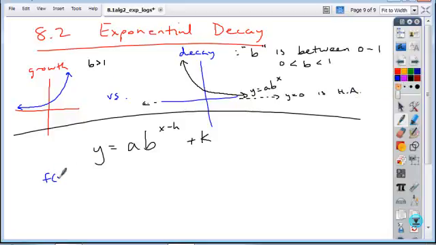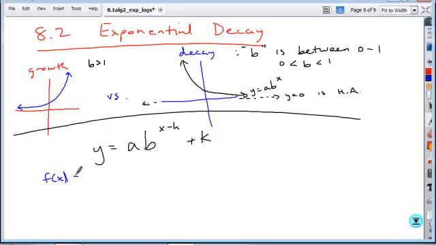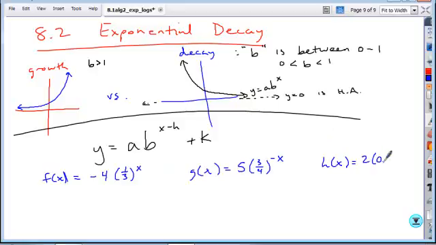So if I gave you the following, if you had to identify in these three forms, are these models of growth or decay?